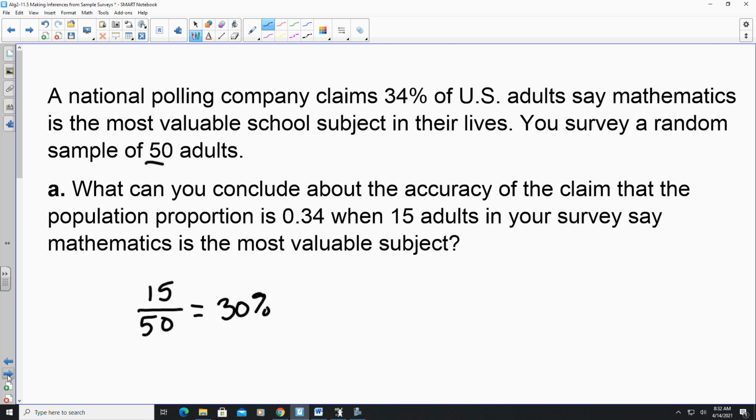Yeah, it's pretty close. So since it's pretty close, you could make the claim that the polling company's claim is more than likely true.